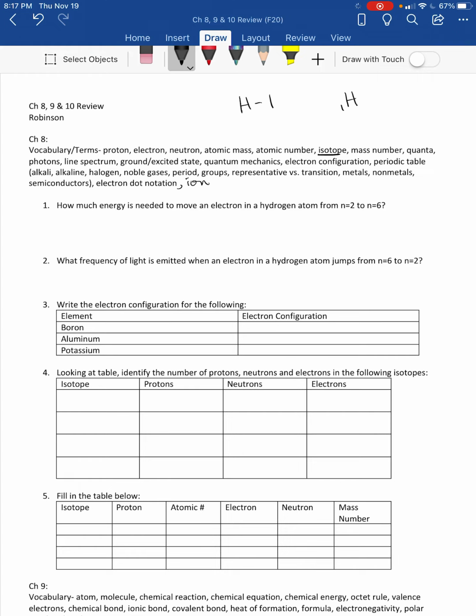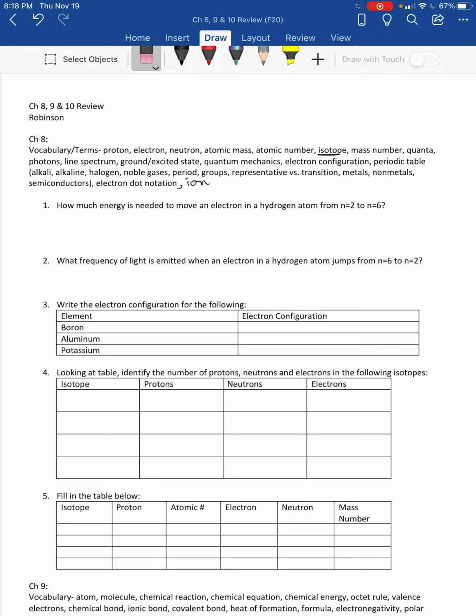Hydrogen's always 1 on the periodic table, and the mass number would be 1 in this situation. If you had hydrogen 2, you would write it like this. And this number right here indicates the mass number, not the protons. So if it has different numbers of neutrons, then it's an isotope.